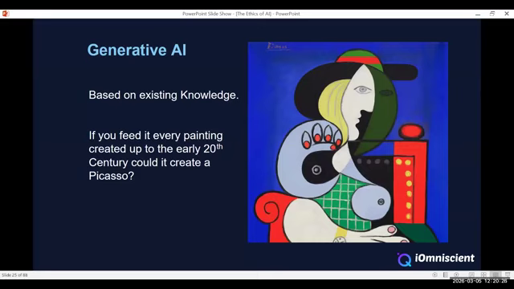If you feed it every painting that was ever created up to, say, the 20th century and said, create a painting for me, it would not be able to create a Picasso type painting, just because Picasso's paintings have not been part of its training set. So it is good at interpolation, but it's not good at extrapolation.